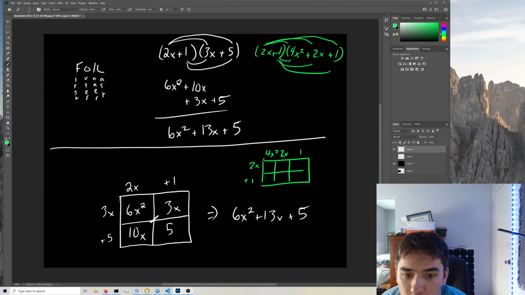And it's all organized for you, so then you add up these terms, and you get your answer. So I think the box method is a little bit better. I think it's more organized, but I'm not going to stop you. Obviously, I'm not your teacher, but, well, I am because I'm teaching you, but you can use whichever method you like. And I'm all for that.